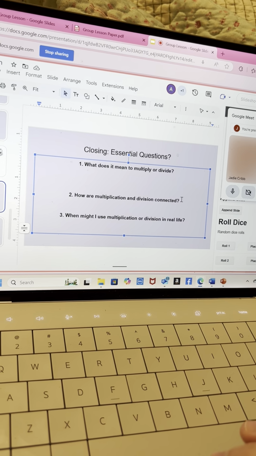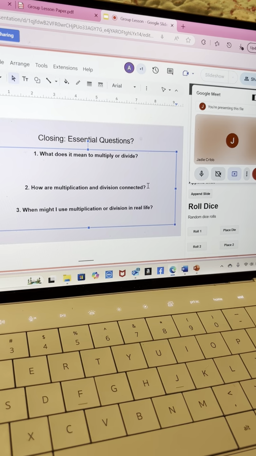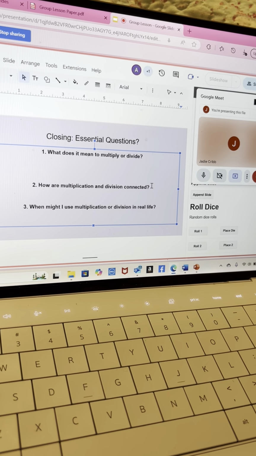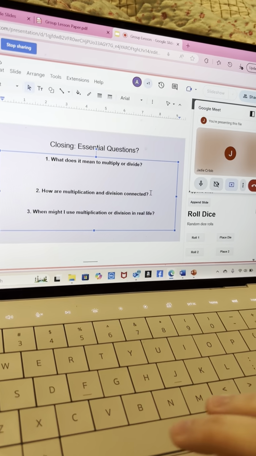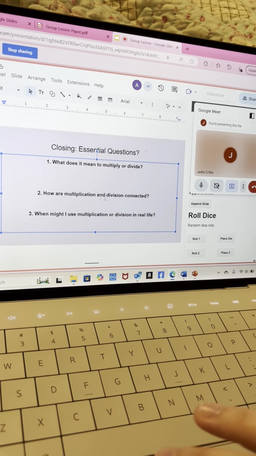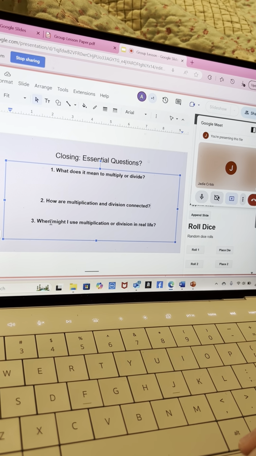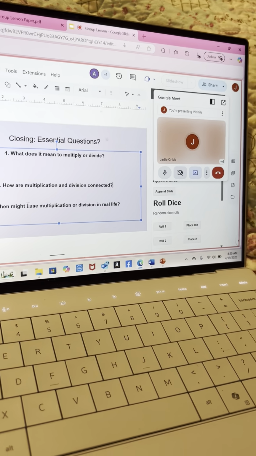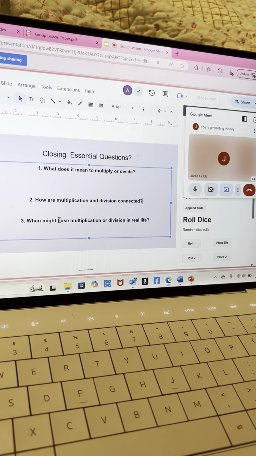And then how are multiplication and division connected? They're inverses of each other. Right. They work together to help each other out. If you understand one, then you understand the other. When might you use multiplication and division in real life? Using money.